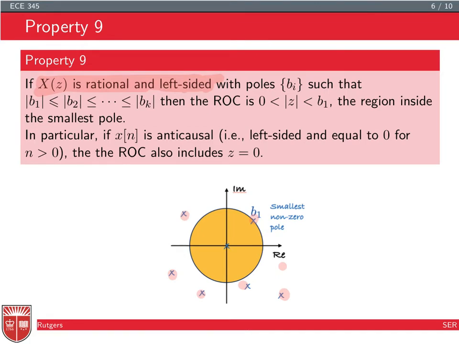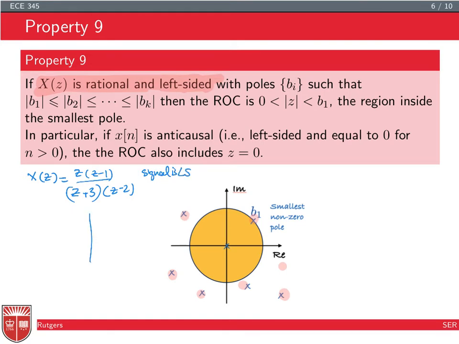So let us take a simple example here. Like the previous example, let's take X(z) equal to, let's say, z times (z minus 1) divided by (z plus 3) and (z minus 2), and the signal is left-sided.